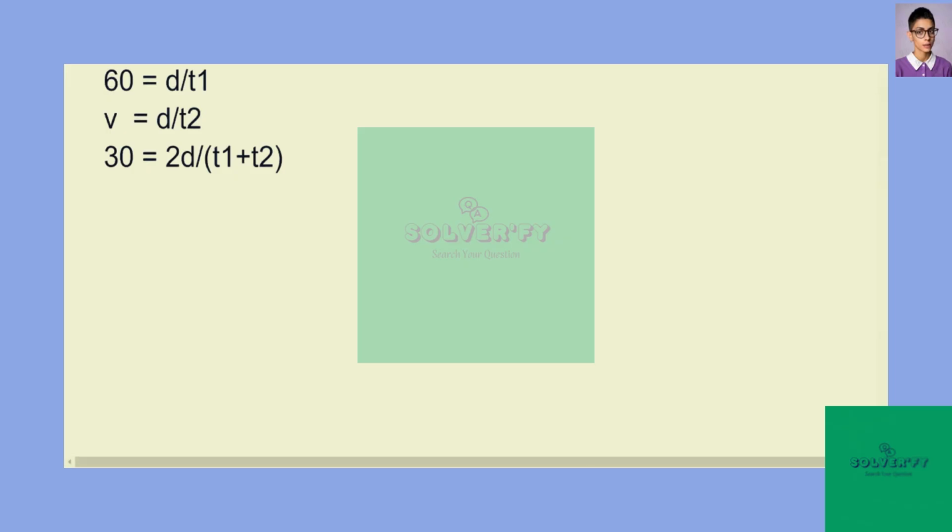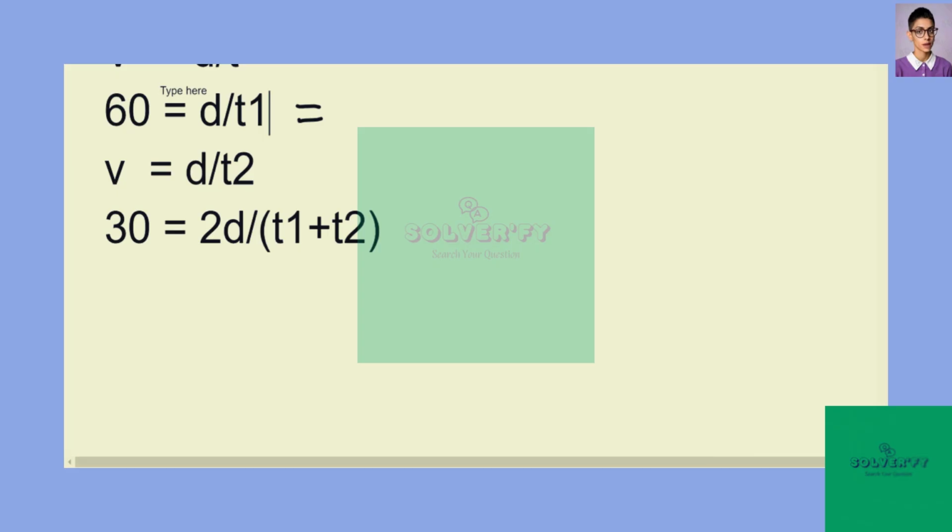So we can start off by finding what is t1 plus t2. Well, how do we get t1 and t2? What are they equal to? Well, we take the 60. By this first equation, we multiply both sides by t1 and then divide by 60.